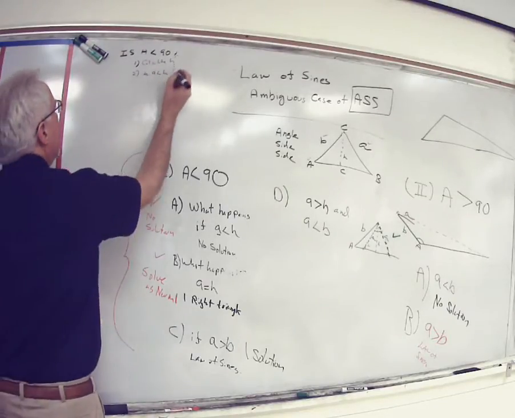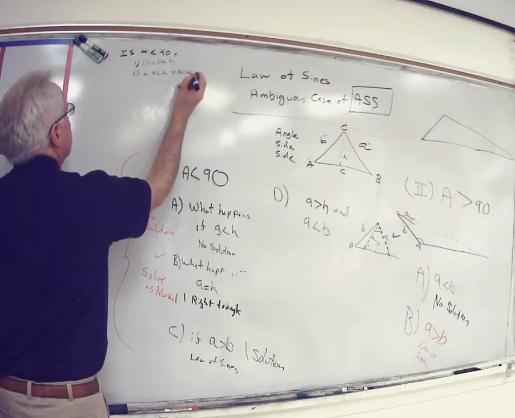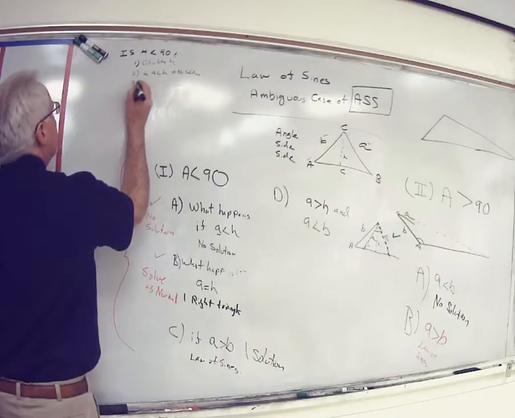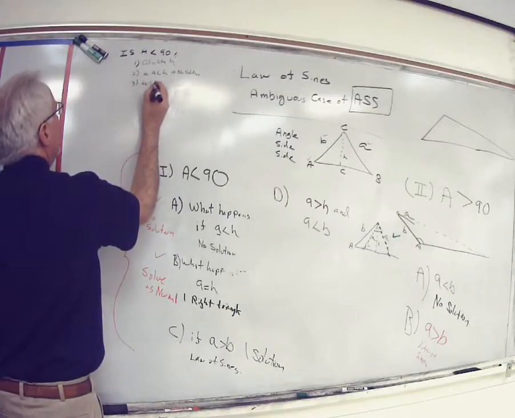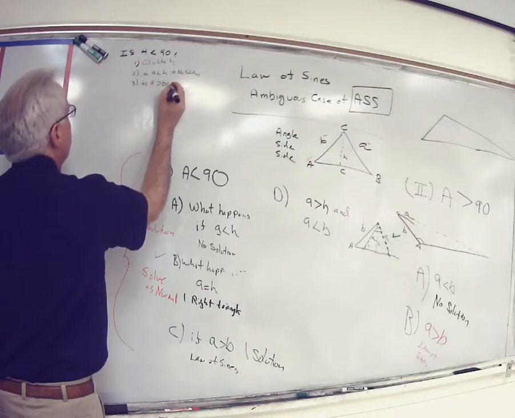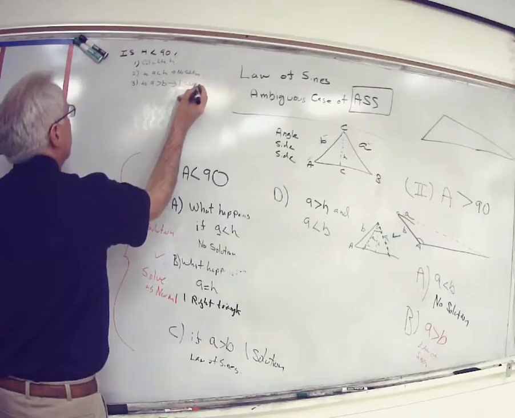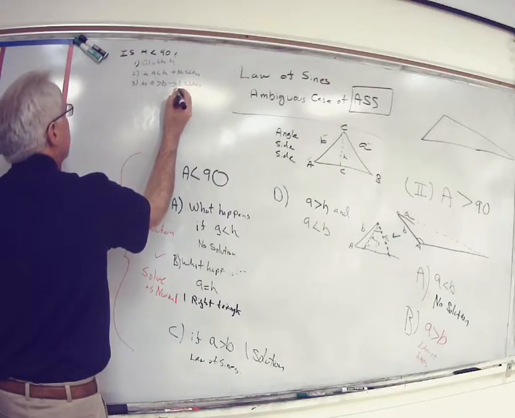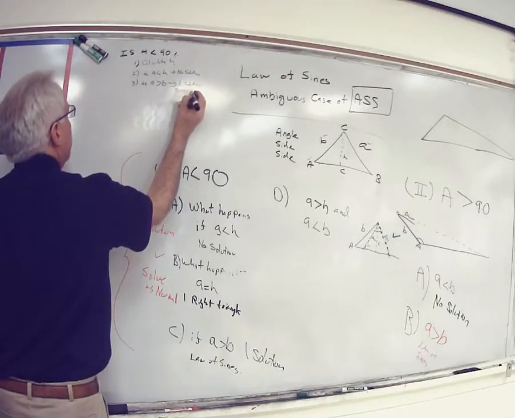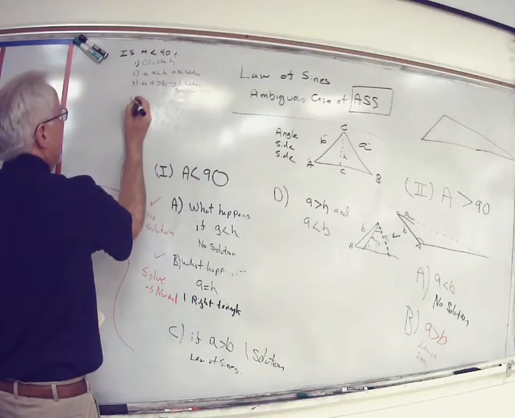Then I have no solution. Number 3, A greater than B. I have one solution. Solve using SOHCAHTOA, right? It's a right triangle.